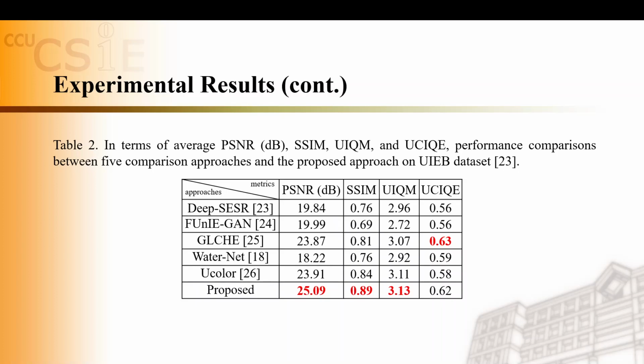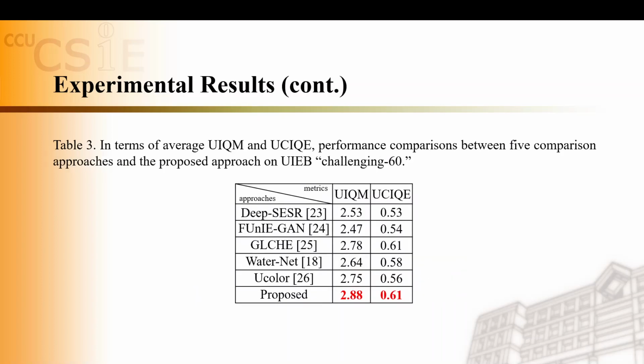Similarly, the performance comparison between 5 comparison approaches and the proposed approach on the UIEB dataset is listed in Table 2. Similarly, the performance comparison on UIEB challenging 60 is listed in Table 3.